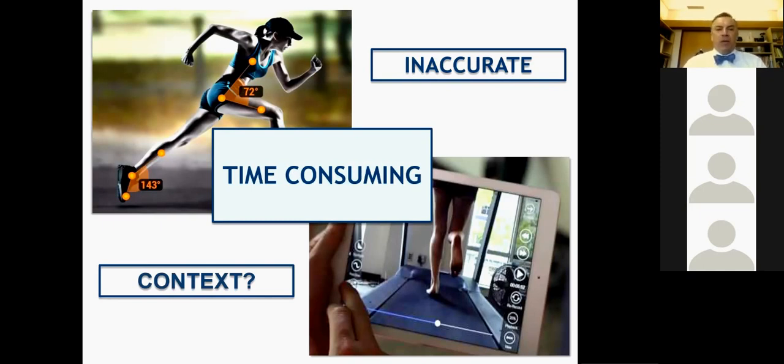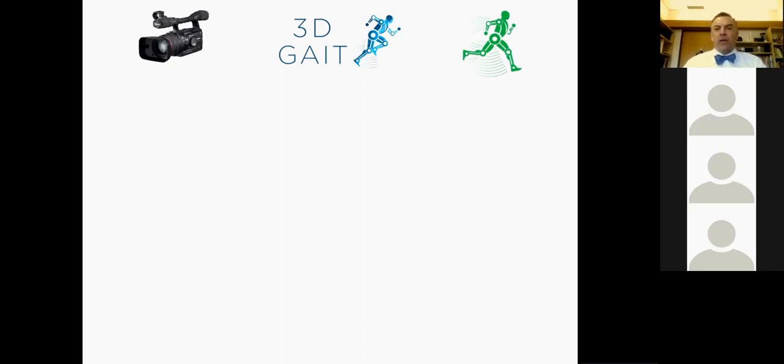So if you put this in a little bit better context, we have these three scenarios. We have a single camera, we have our other offering, the 3D gait system, which is similar to the very expensive and highly scientific three-dimensional gait analysis system using multiple cameras that's found here in my lab at the University of Calgary and at many labs around the world.